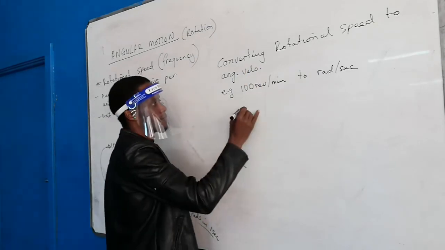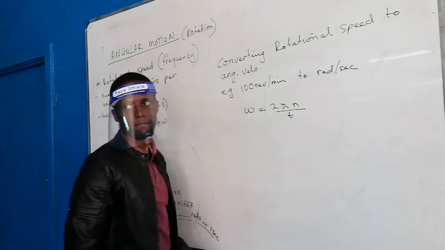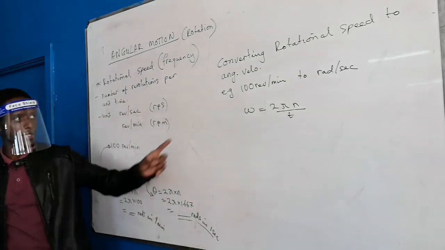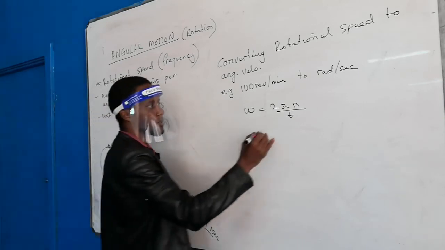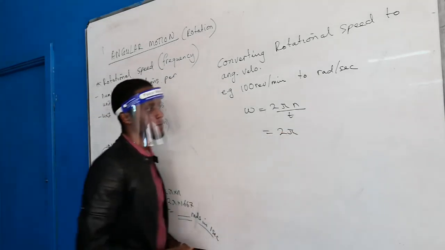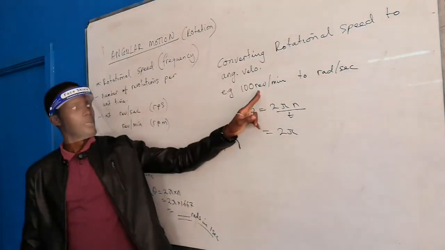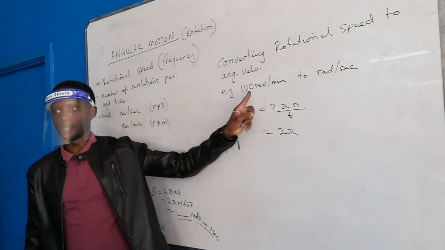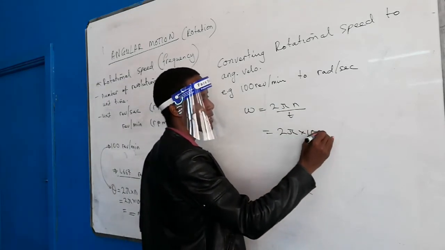Angular velocity is equal to 2 pi n over time. That's what we said. You have that formula. 2 pi, how many revs are you making? 100, right? So we say times 100.